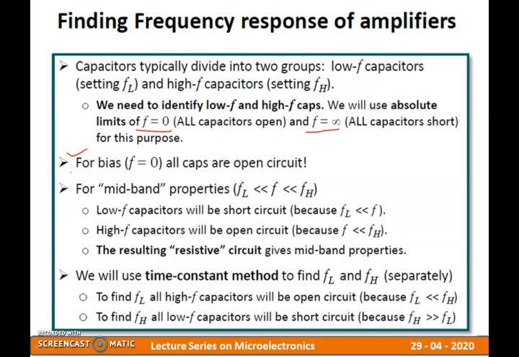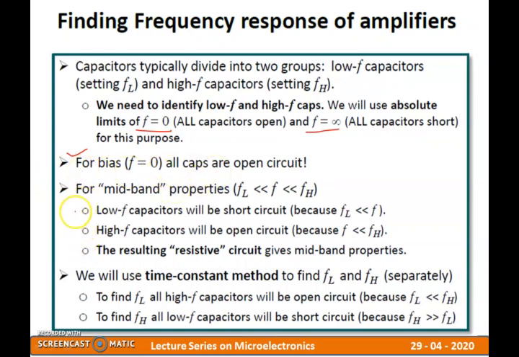We apply DC voltage, and then the value of f will be equal to 0, because the frequency is constant. When f is equal to 0, all capacitors act as an open circuit. So when I use any biasing technique, my capacitors will be acting as open circuits.